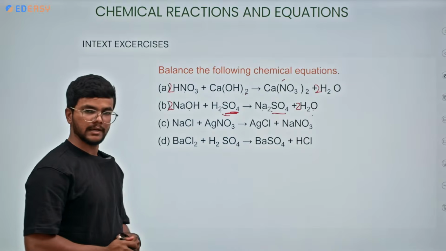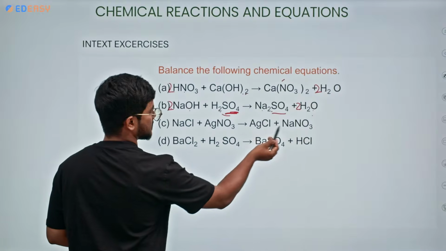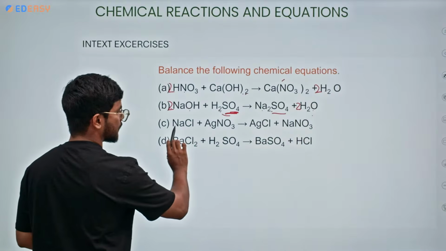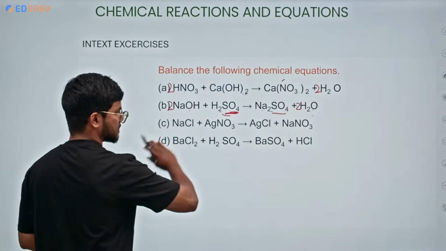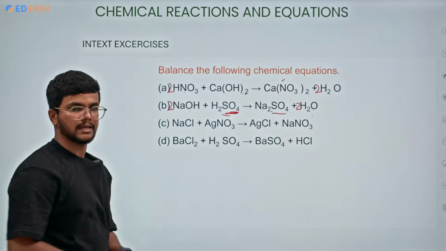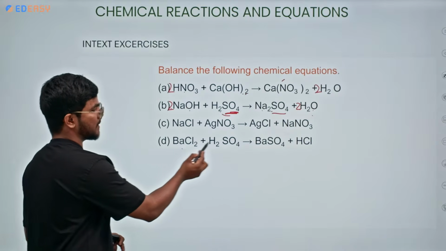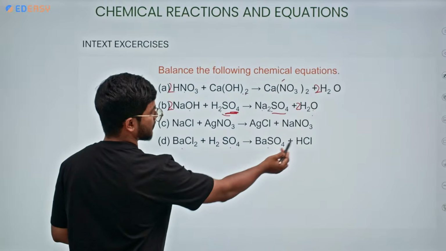Next, NaCl plus AgNO3 gives AgCl plus NaNO3. If you count the number of atoms in the LHS and the RHS, they are equal in proportion. This is already balanced. You don't need to balance the equation. Next, last, BaCl2 plus H2SO4 gives BaSO4 plus HCl.